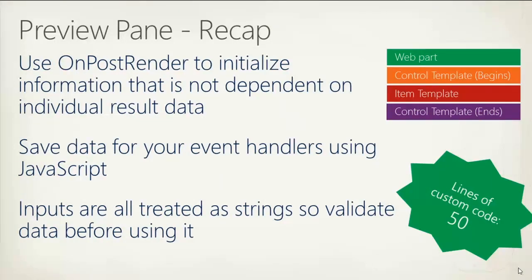We saw the users can change the property value. If they change it to something you're not expecting, you just want to make sure that your code is robust enough to handle it. And this demo was about 50 lines of code, mostly for my event handlers that I wrote to do the animations and to do the looping to get that information. So I'm going to pass it back over to Ethan, who's going to talk about our search data provider.